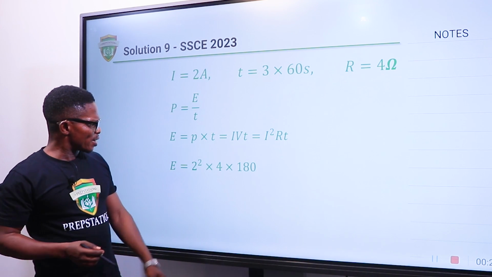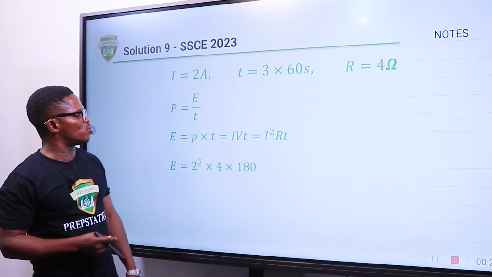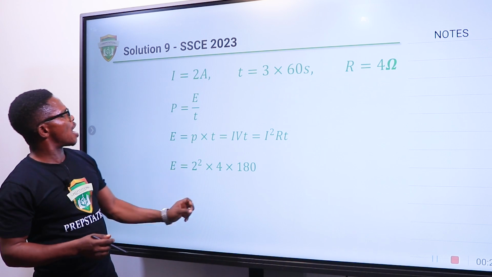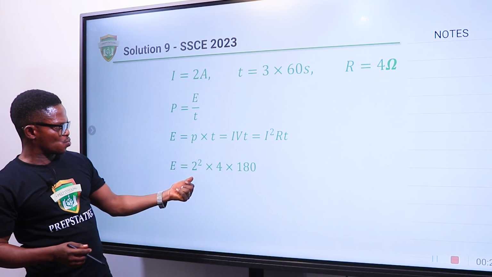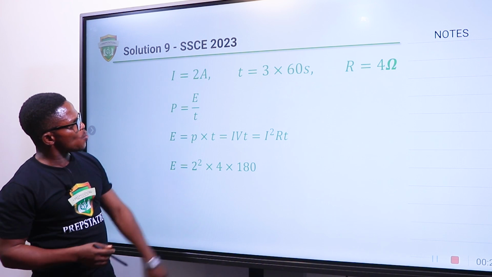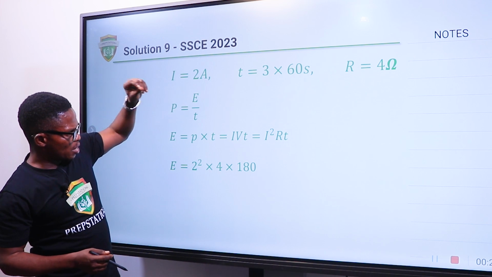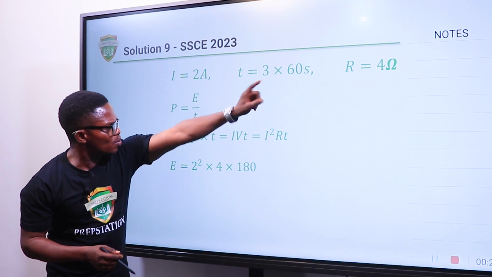So, what next? Substitute the values into the formula. Where you have I is 2, it was I squared, so we have 2 squared. Where you have R, it was given as 4.